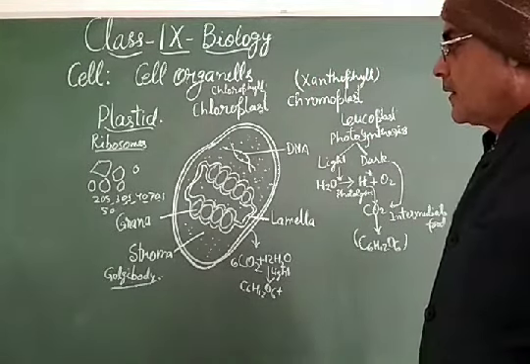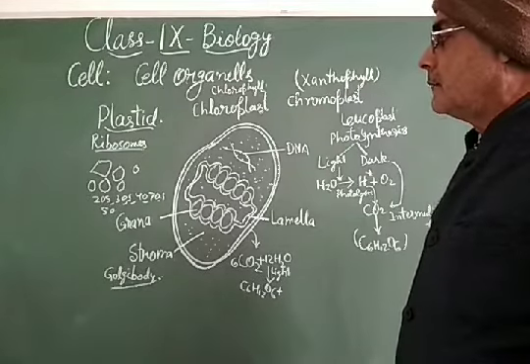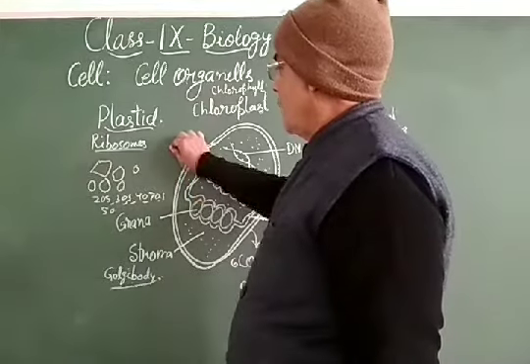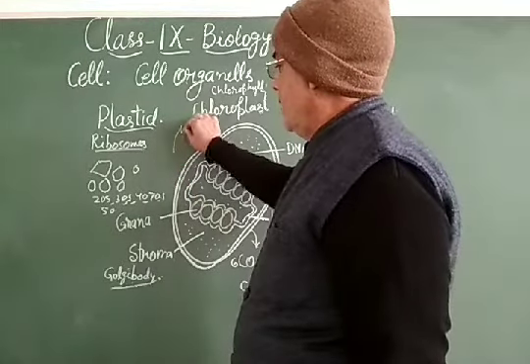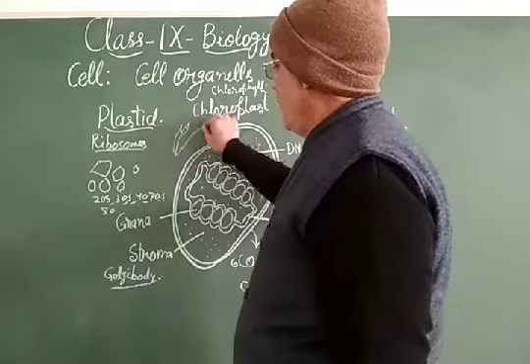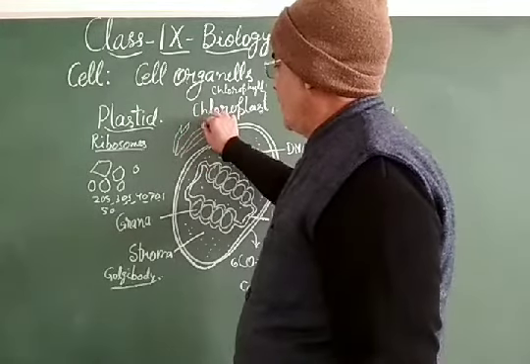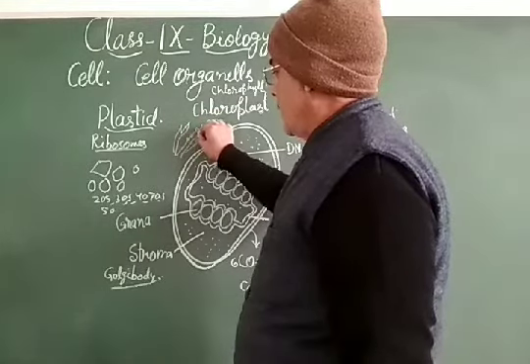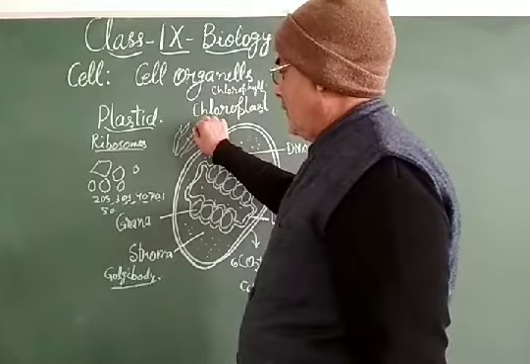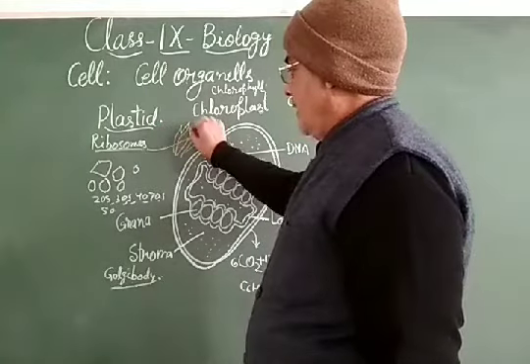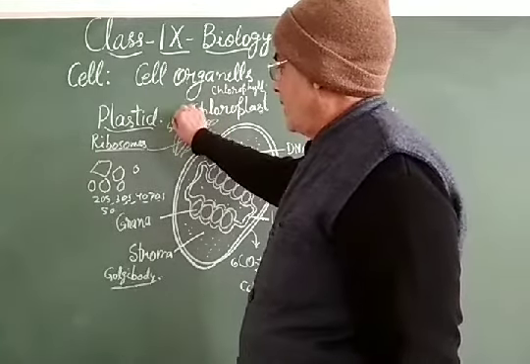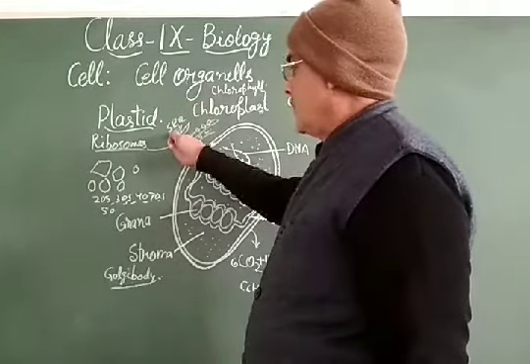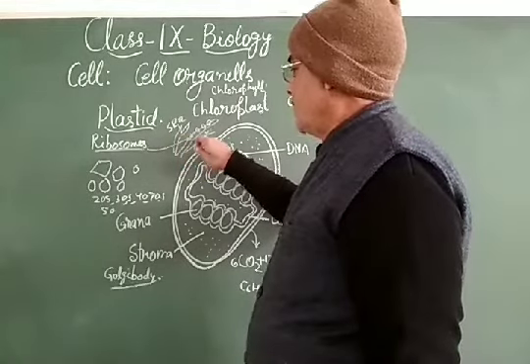Dear student, if you go to other organelles like the endoplasmic reticulum, it is spread throughout the cell. It has ribosomes on it, and that endoplasmic reticulum is called rough endoplasmic reticulum. This is SER. So SER is smooth endoplasmic reticulum, and this is the rough endoplasmic reticulum.